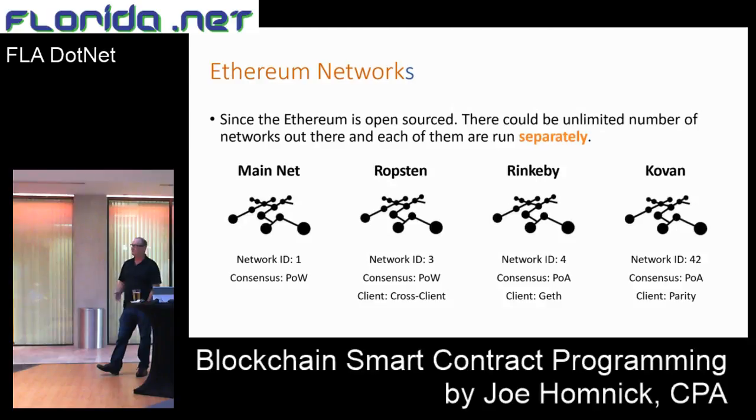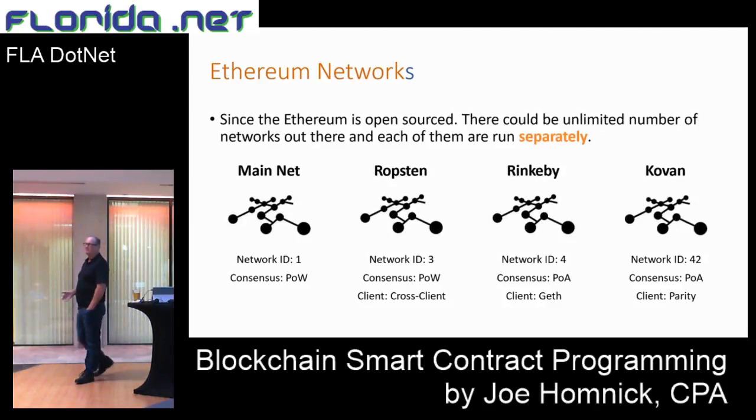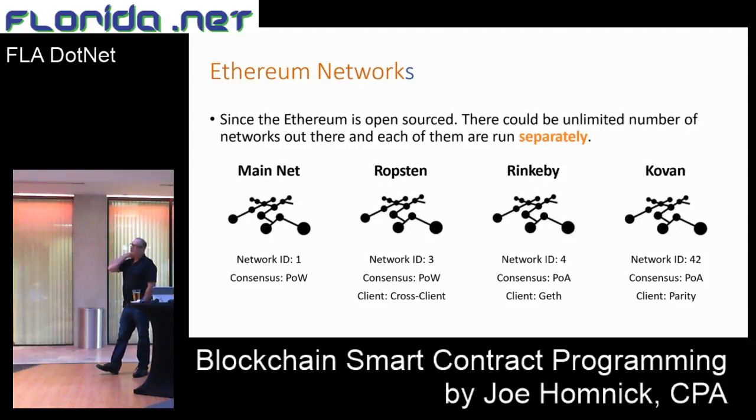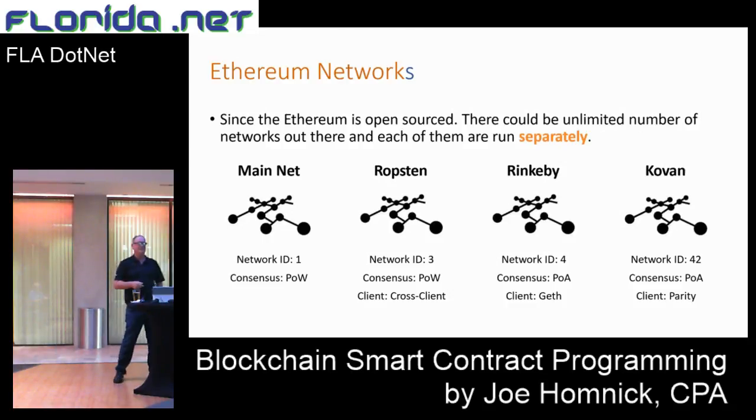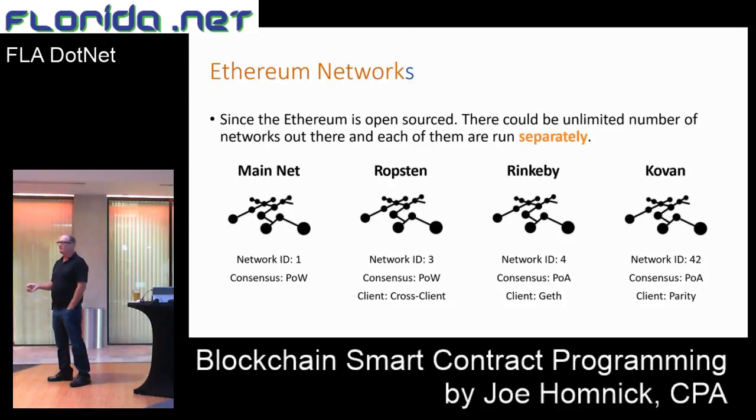Hyperledger is a very popular one that also supports smart contracts. Ethereum was first. But you can set up different networks beyond the main net and deploy directly into these other implementations of Ethereum.